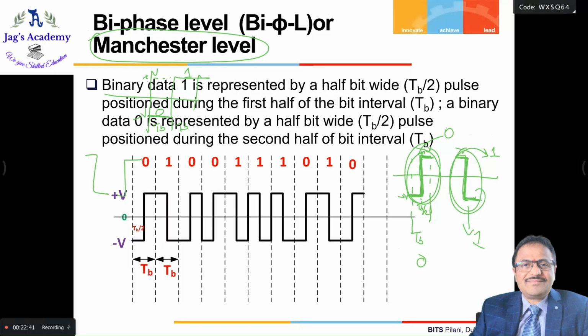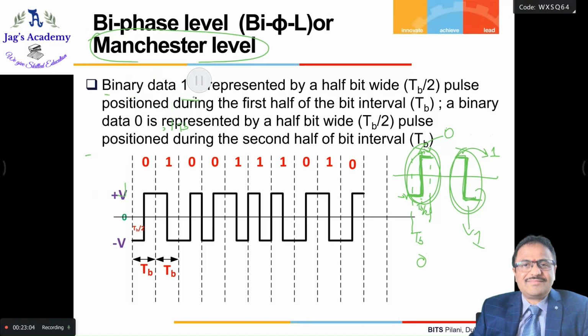Understood this? Now similarly, like you had polar NRZ mark and polar NRZ space, here also there is a change in the level. We'll see that. But have you understood this? This is called biphase level.